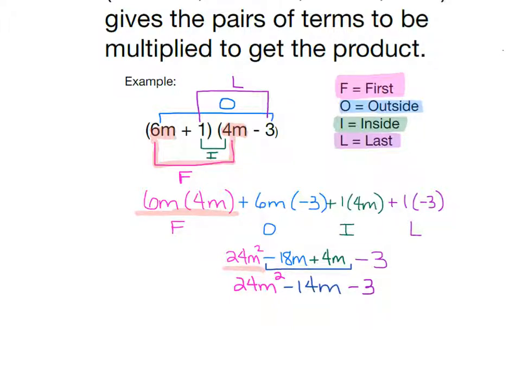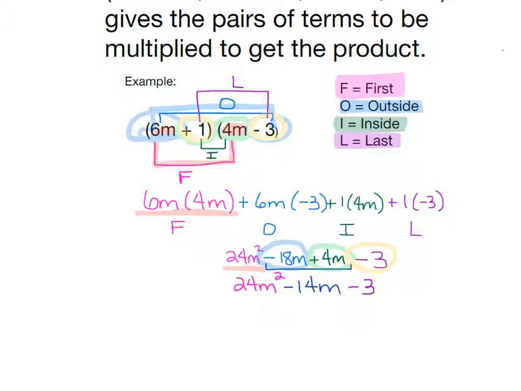And then if you do the two outer ones, you're doing the blue here. So the two outer ones on the outer edges would be 6m times negative 3, and that's how they got the negative 18. And then the two inner ones, 1 times 4m, and you get positive 4m. And then the two last terms, which are going to be the positive 1 and the negative 3, you get negative 3.